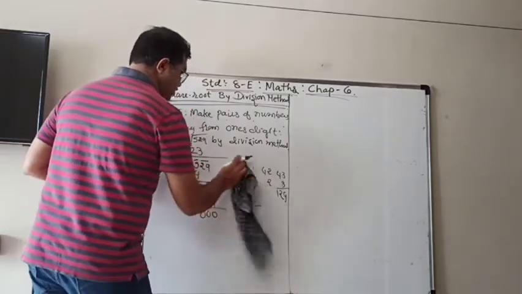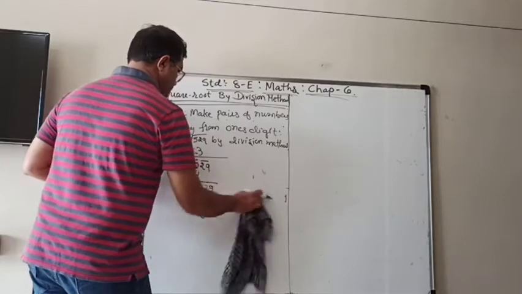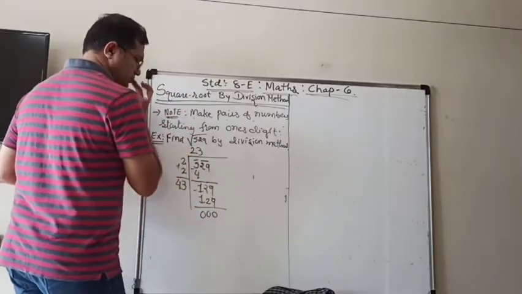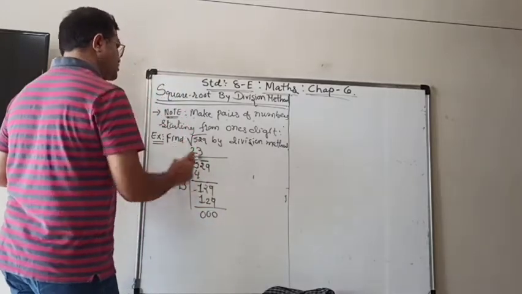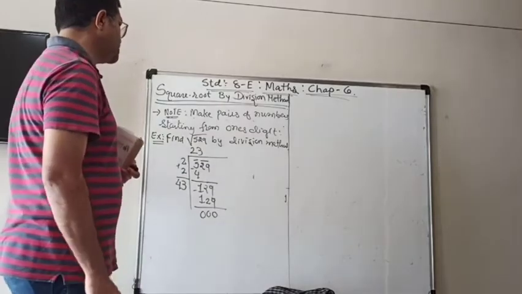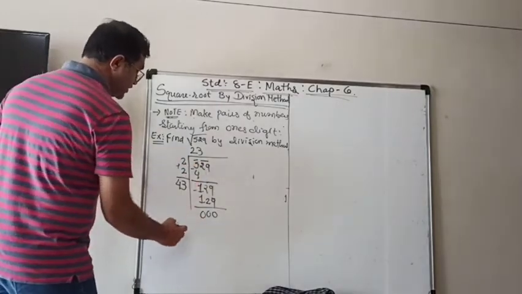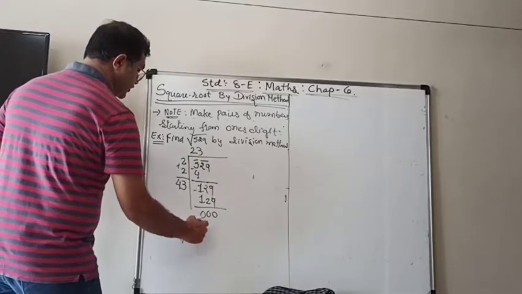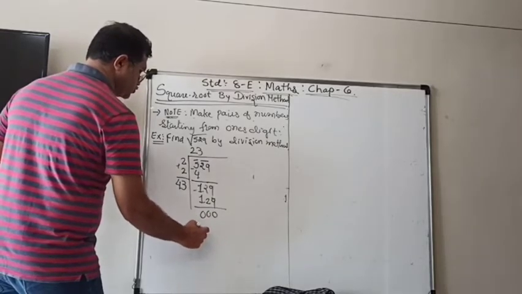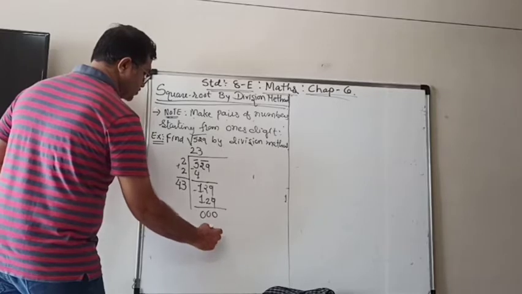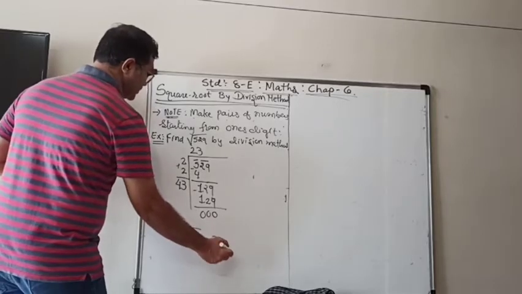When your answer is 0, then the number on the top, meaning the quotient, that is the square root of 529. So you can write down therefore square root of 529 is equal to 23.